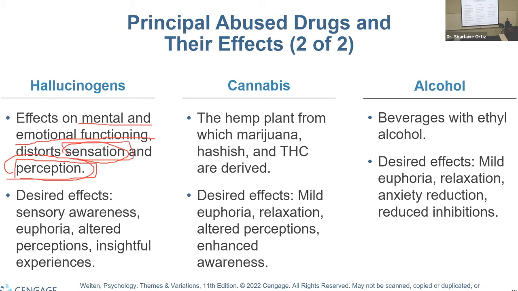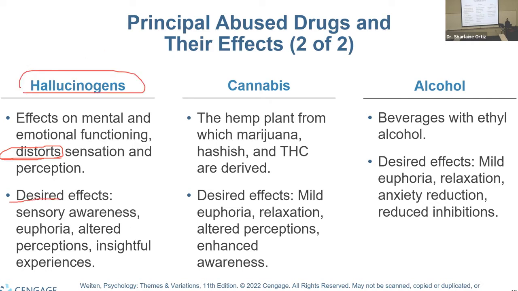The issue, however, is that hallucinogens have the ability of distorting said sensation and perception. Now, when people engage in the intake of said substance, generally their desired effect is to change their sensory awareness. In some of those cases, that involves the alteration of your perception.